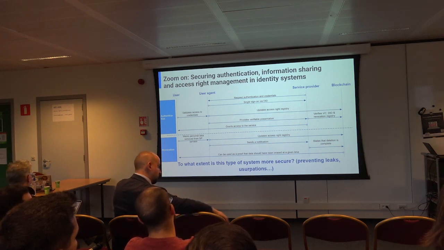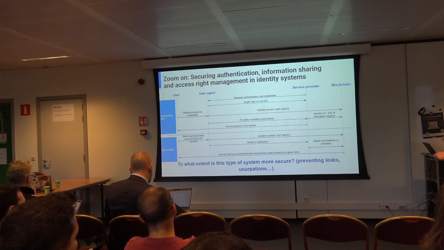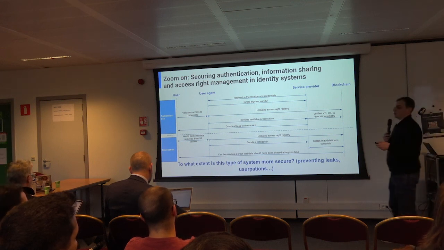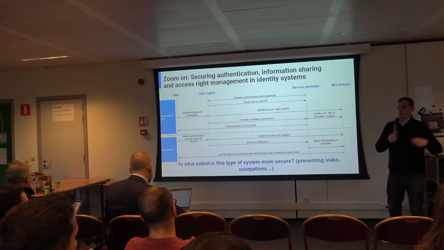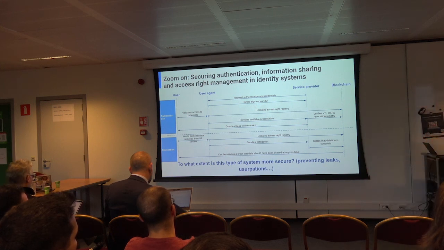After this request is sent, the user agent will use a single sign-on system via what we call the decentralized identity, so basically the keys of the user held in the user agent. This single sign-on is done with the service provider.